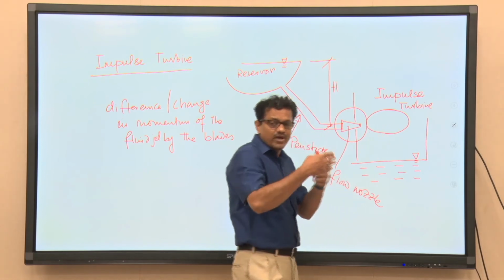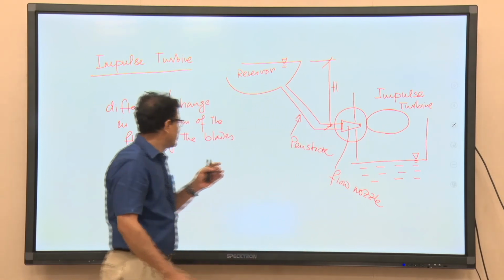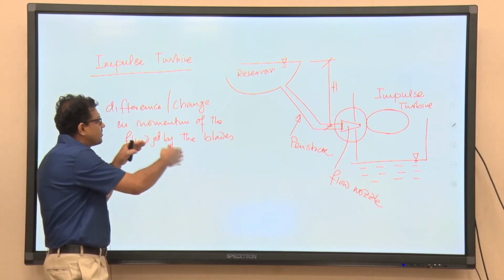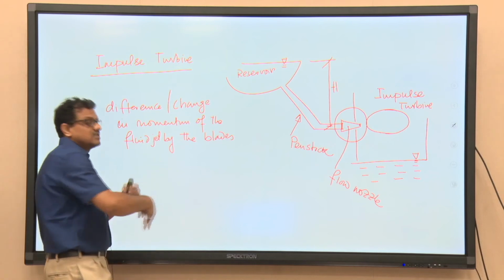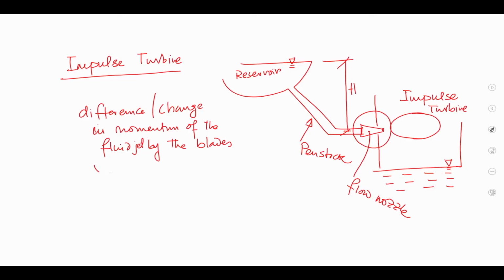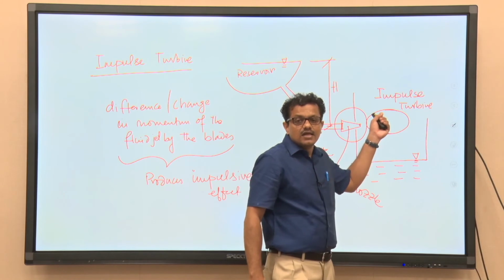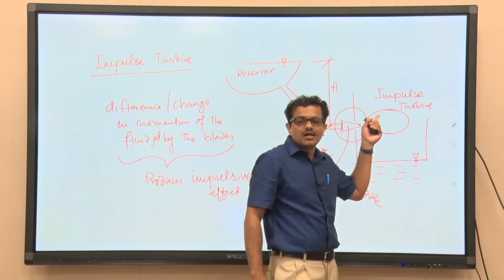When the jet is striking the turbine blade, there will be a change in momentum, and this change in momentum of the fluid jet by the blades produces this impulsive effect. Because of this impulsive effect, the rotating part of the turbine, that is the runner, will rotate.